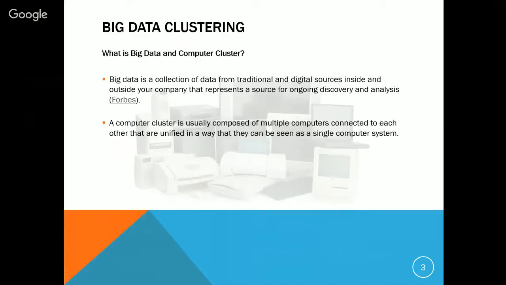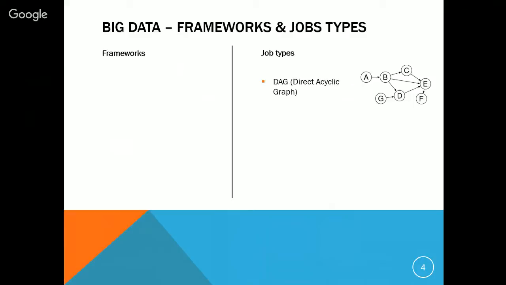A computer cluster is usually composed of multiple computers connected to each other that are unified in such a way that they can be seen as a single system. Therefore, big data clustering is in a way thousands of connected computers that work together to store and compute larger or complex data sets.